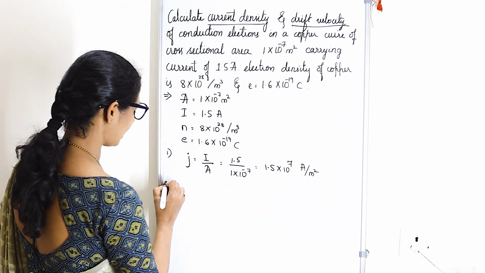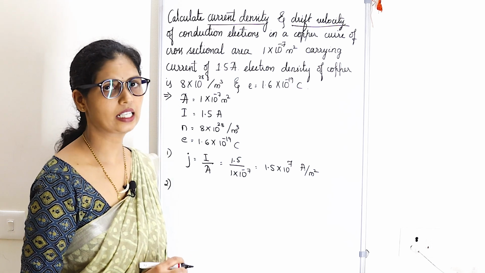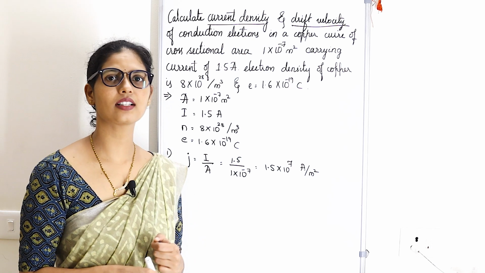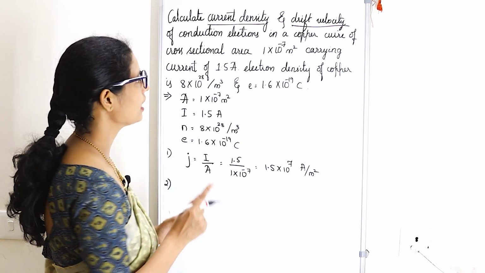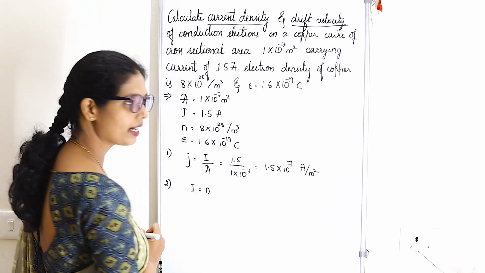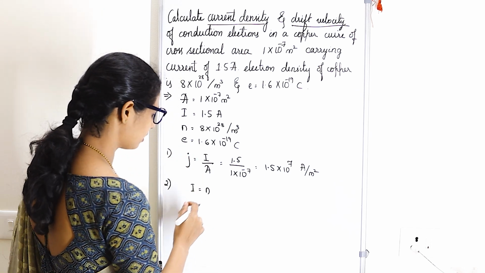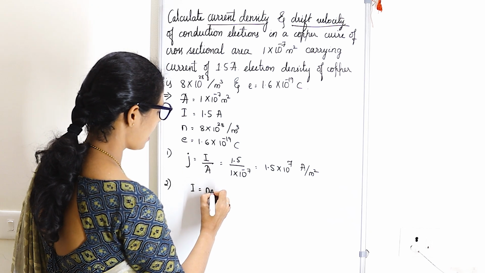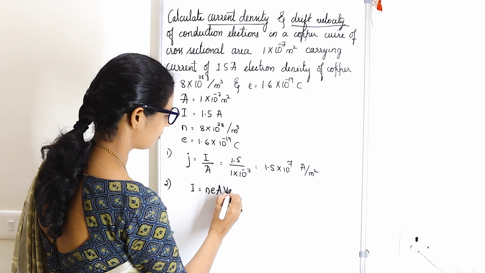Then the second one, what do we need to find out? We need to find out the drift velocity. So here again you will take the same formula, which is relating current and drift velocity. So the formula says I equals to number density, charge of an electron, and then area, and then drift velocity.